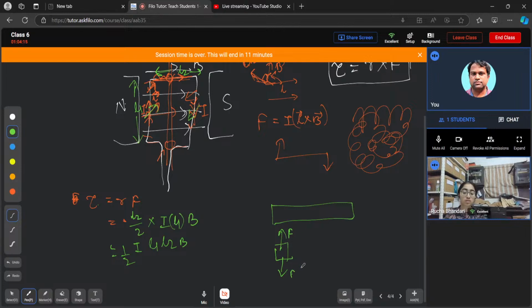But if F and F act in opposite directions at a distance, they will not cancel out. This is called a couple: the same force and an opposite force acting at a distance. This will help the object to rotate. If the forces act along the same line of force, then they will cancel.